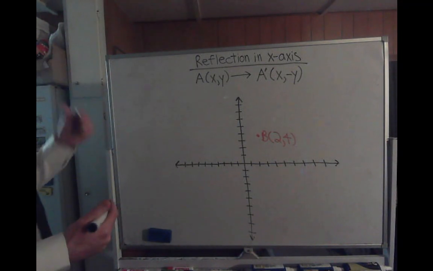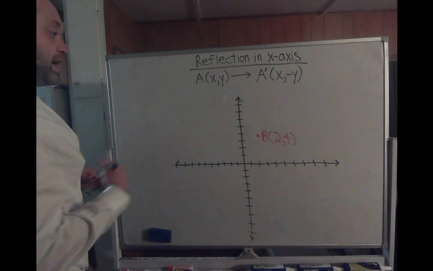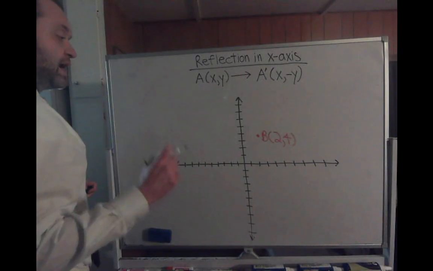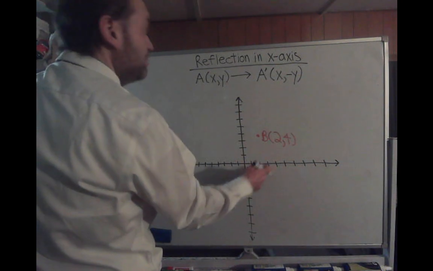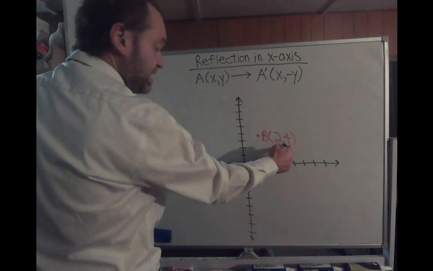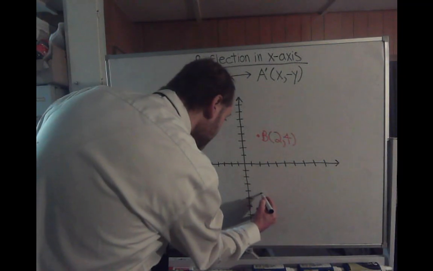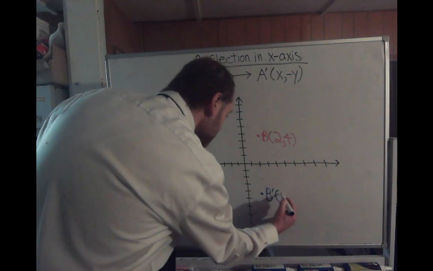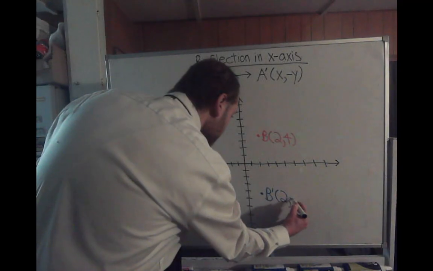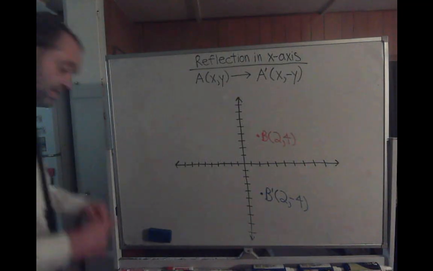I'm using the x-axis as a mirror, so I'm not going to change my x-coordinate. That's going to stay at 2, but my y-coordinate will change. If I negate the y-coordinate of 4, that will put me at 2, negative 4. So B prime would be at 2, negative 4.